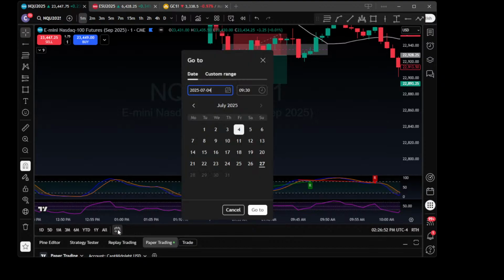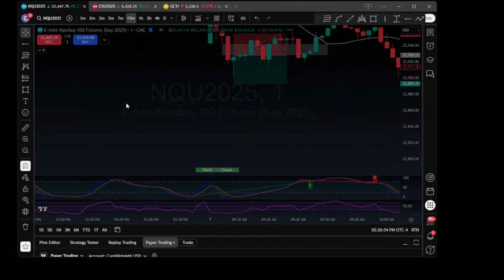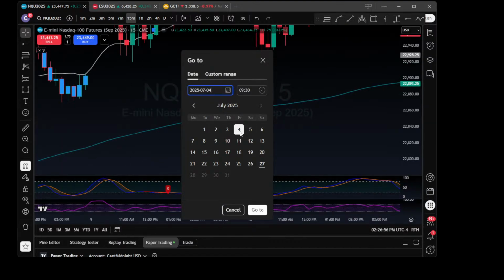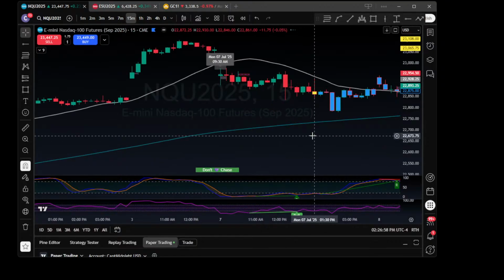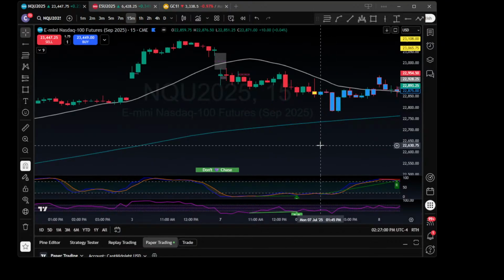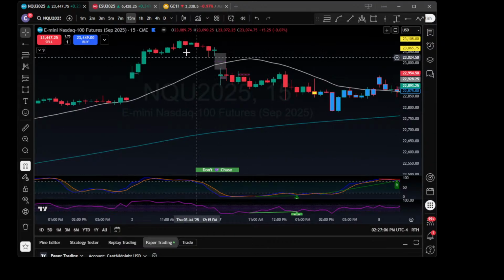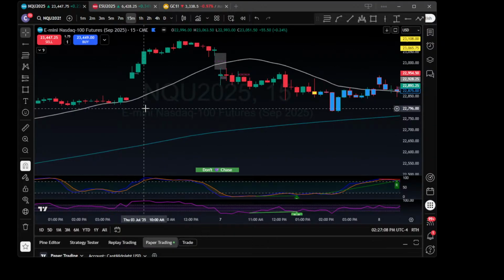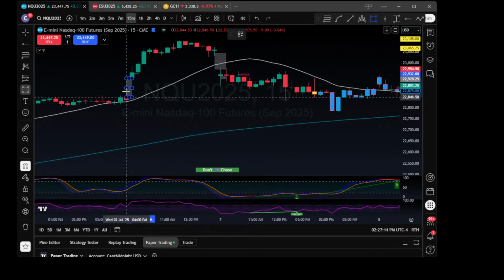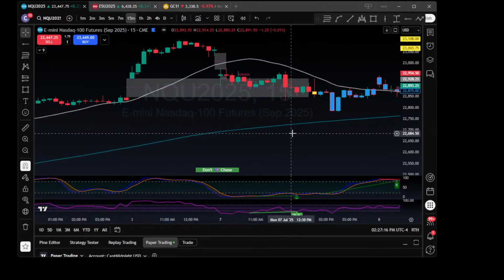What day am I on? I'm on the fourth. Yeah, just getting stopped out on this. What it did, it went to this one, filled the gap from the day before.